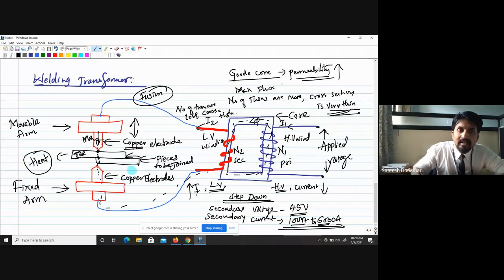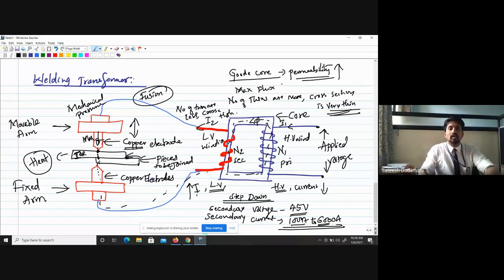And when you apply a little bit of mechanical pressure on it, the pieces of metal get joined together, hence the welding process gets completed. This is how the welding transformer works.